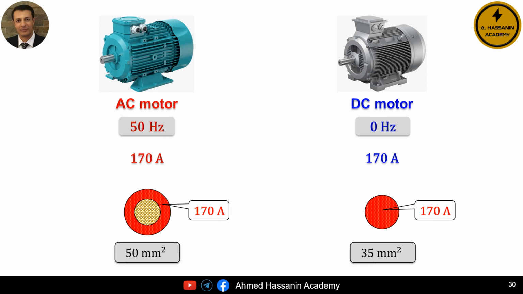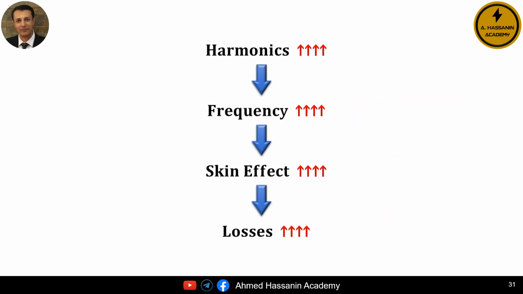Hence, we emphasize that it is very important to know the values of harmonics present in the electrical network to avoid high frequencies, thereby avoiding the increase in the temperature of the conductors and consequently preventing their failure. But the point that concerns us most in the end is that the skin effect phenomenon exists as long as there is alternating current.